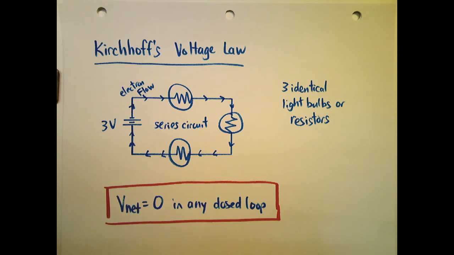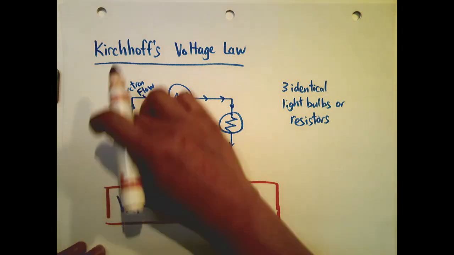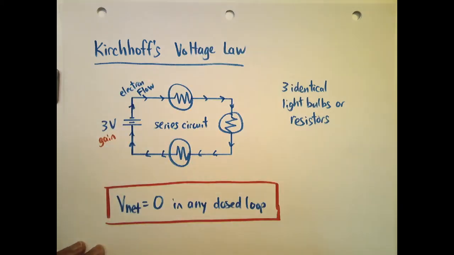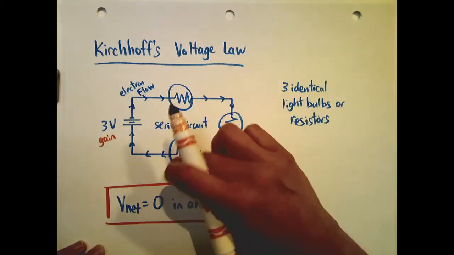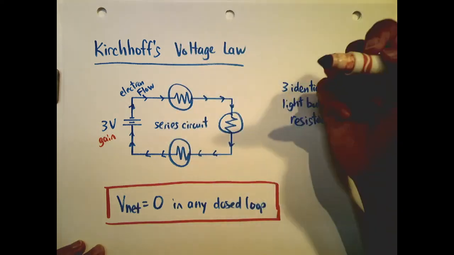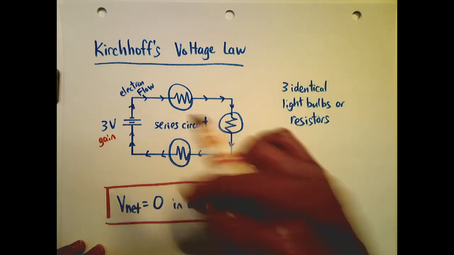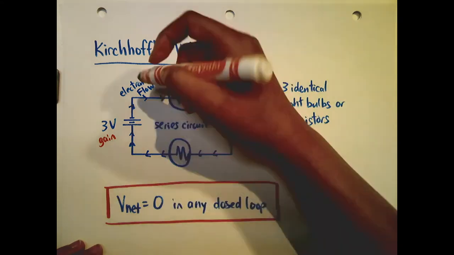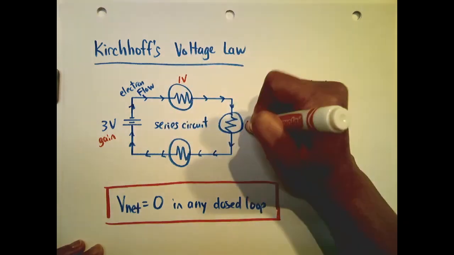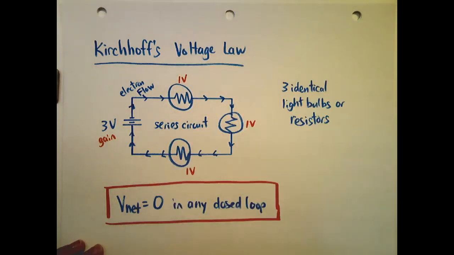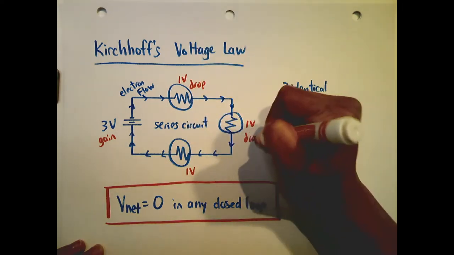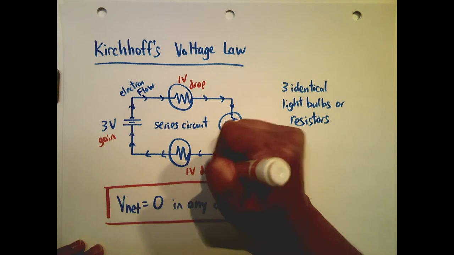sense. So essentially what's going on is this battery is a voltage gain of 3 volts. And because all 3 light bulbs are identical, this here is a voltage drop. And because they're identical, the electrons will give off 1 volt for each light bulb. So this is a drop, and a drop.